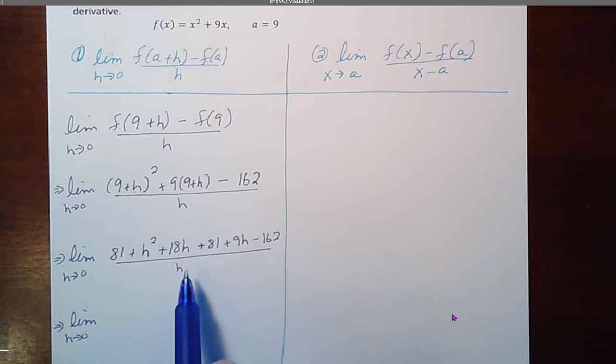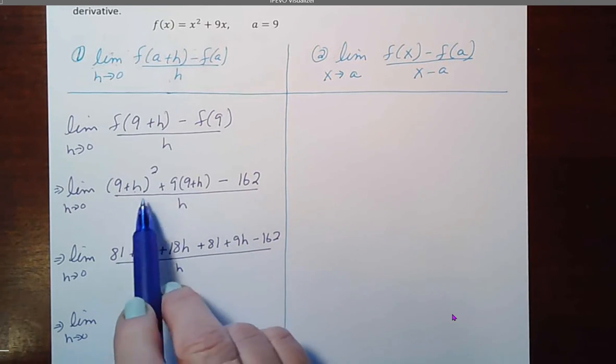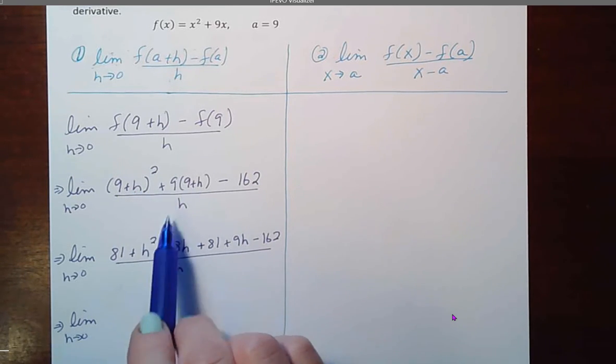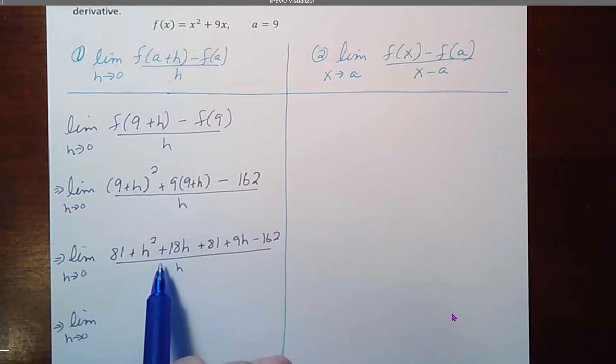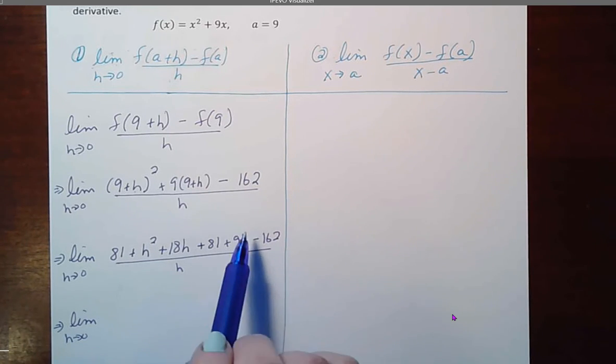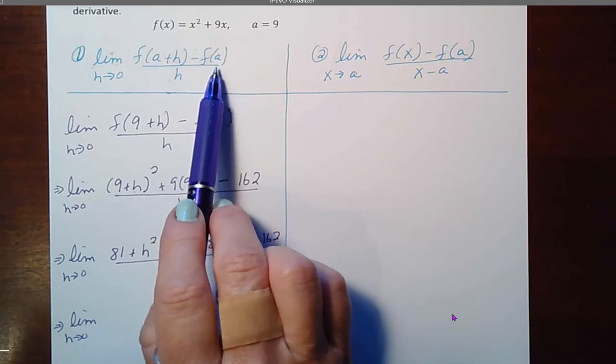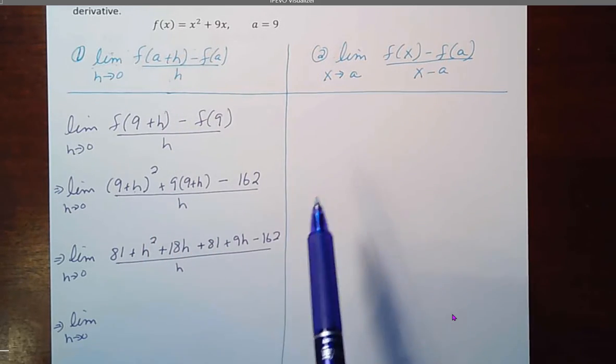First check is right here. When you simplify your binomial in your function, simplify everything, then every single term that does not have an h in it should cancel out, which means everything in the second part, this function right here, either f of x or f of 9, either way, should cancel out.